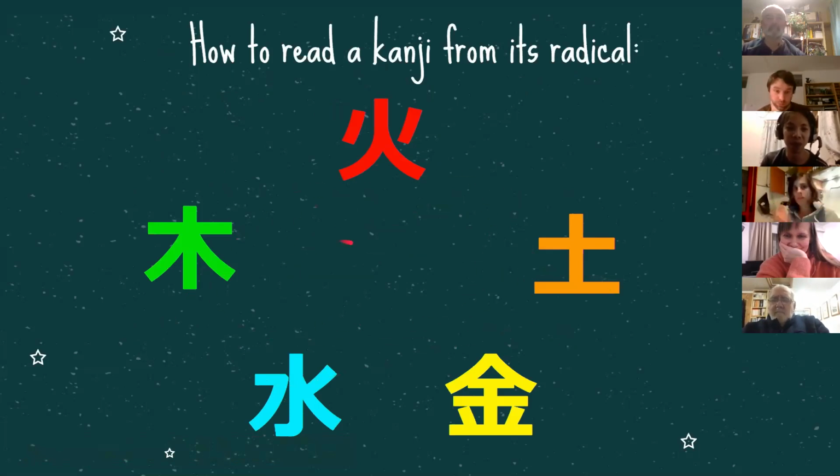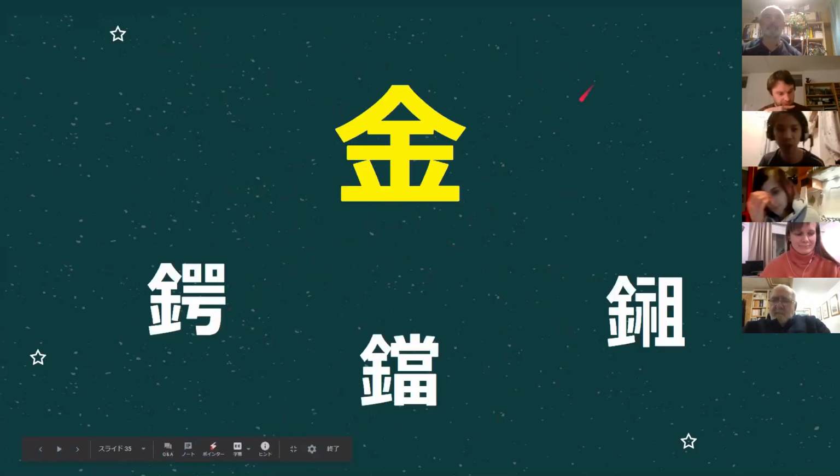Because many of the kanji have these radicals, and I believe you have already learned them in a previous section when we learned the days of the week: fire, earth, gold, water, and wood, like kayobi, doyobi, kinyobi, suiyobi, and mokuyobi. So let's start with gold.